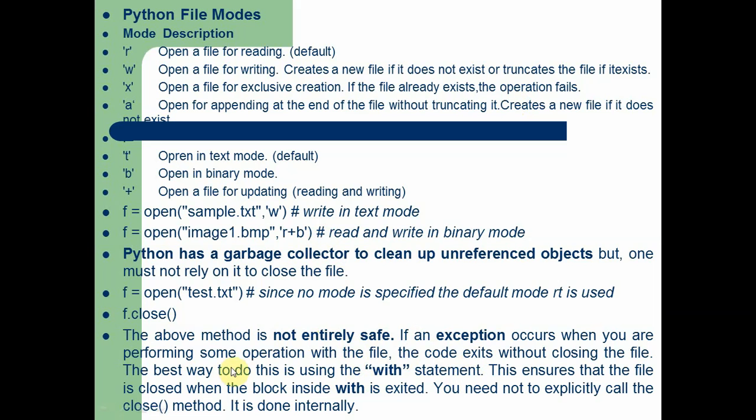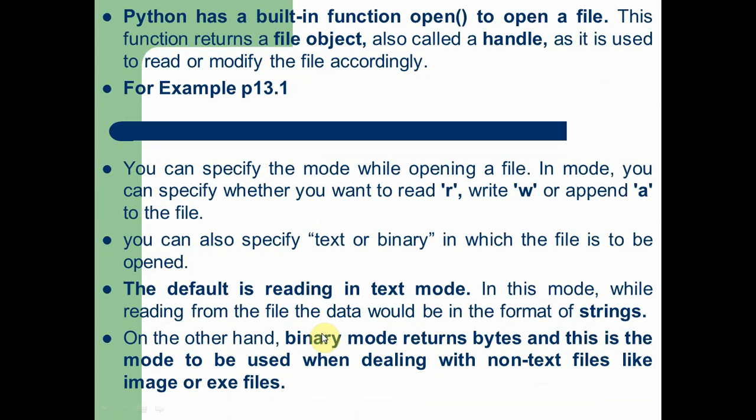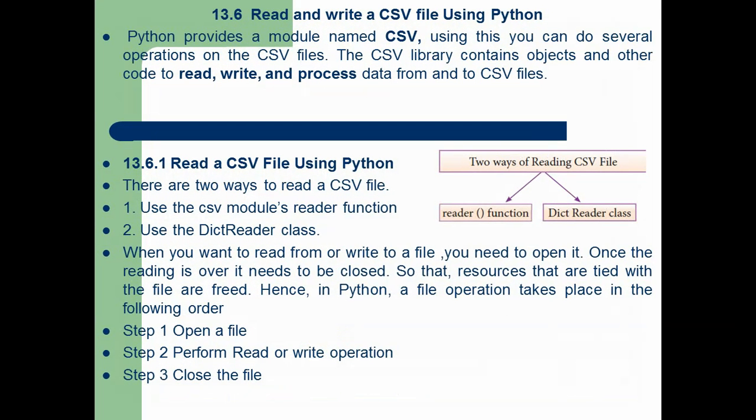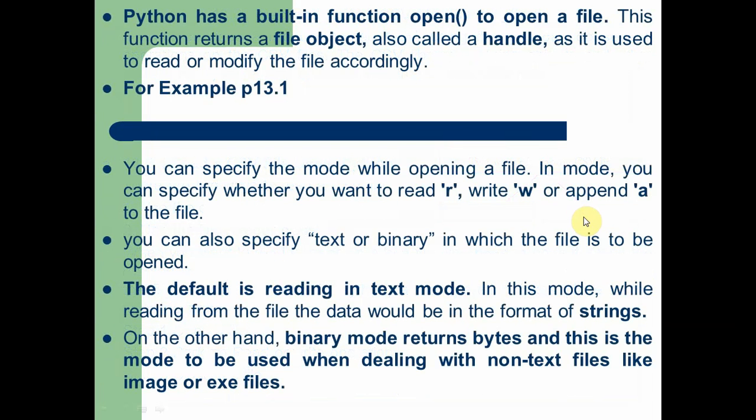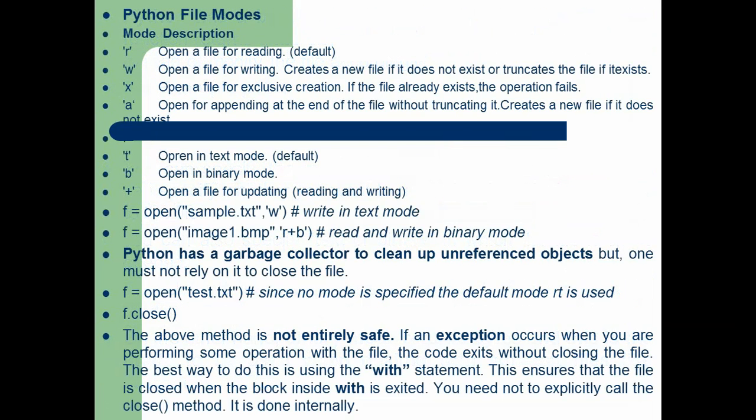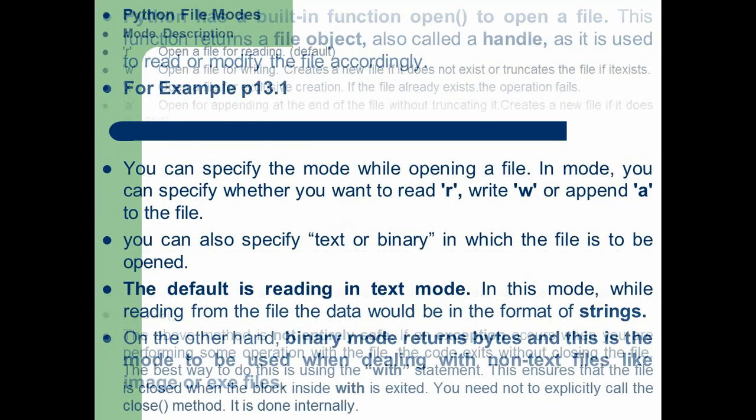This ensures that the file is closed when the block inside with exits. So this is not recommended. For that, we use two ways in the CSV module: the reader function and the DictReader class, which we are going to discuss in the next class, where we open and create a CSV file using the reader function and DictReader.